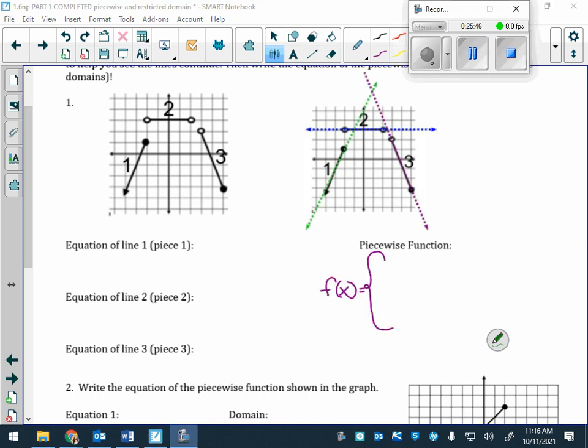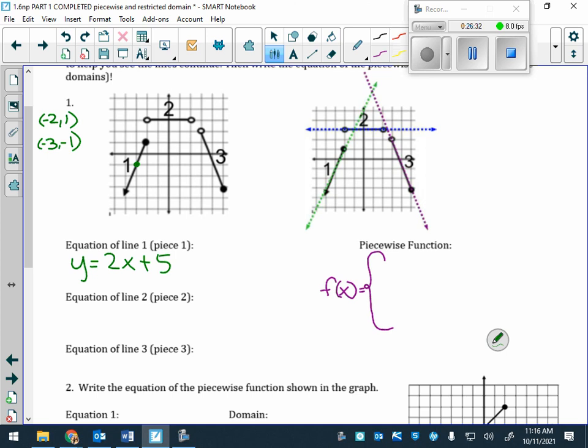Okay, let's go through this. Who has the equation of the first line? y equals 2x plus 5 is correct. How many of you did get that? Okay, if not, I could choose negative 2, 1, as well as negative 3, negative 1, to help me with determining the slope.